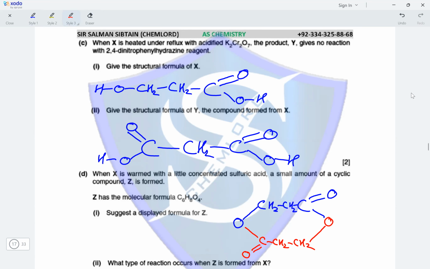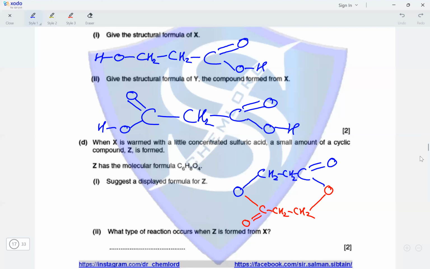So this is the structure of the cyclic diester Z that would form. What type of a reaction occurs when Z is formed from X? This reaction is known as an esterification reaction.